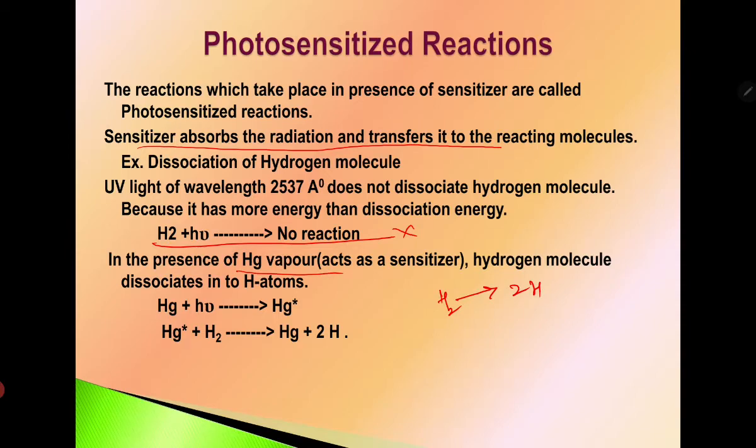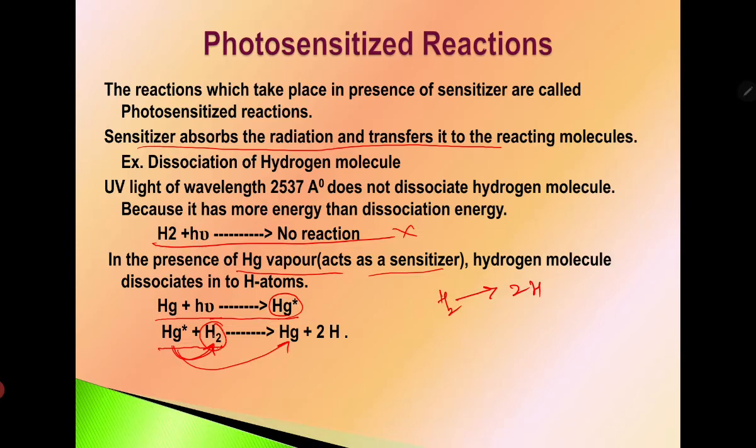Here mercury vapor acts as a photosensitizer. In this reaction, mercury vapors first absorb radiation and get activated. The activated mercury vapors then transfer that energy to the hydrogen molecule and get deactivated.